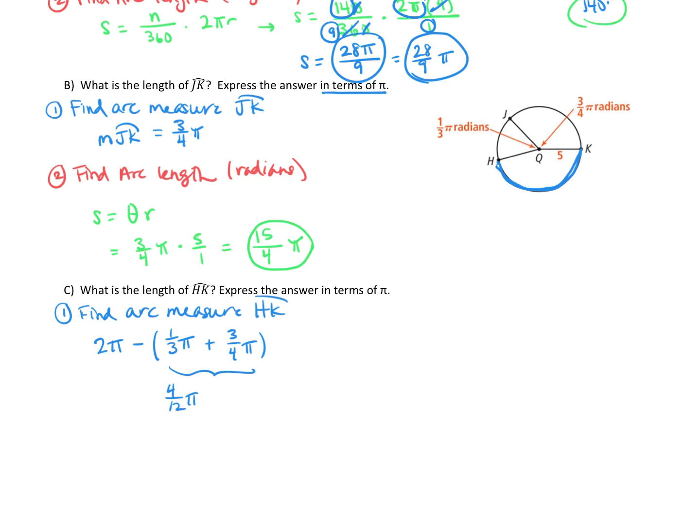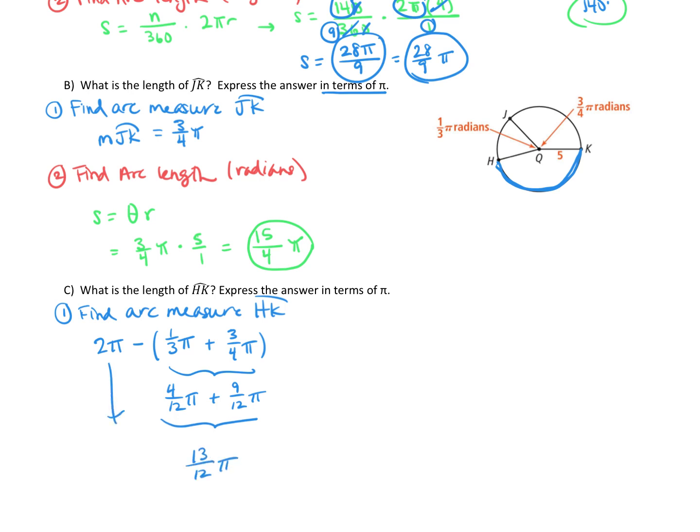All I did was multiply the numerator and denominator by 4. We're going to add to that. Now I want to get this in terms of 12. So if I multiply these by 3, that will get me 9/12 pi. Now that they're both in 12ths, we can add them together. So 4/12 pi plus 9/12 pi is 13/12 pi.